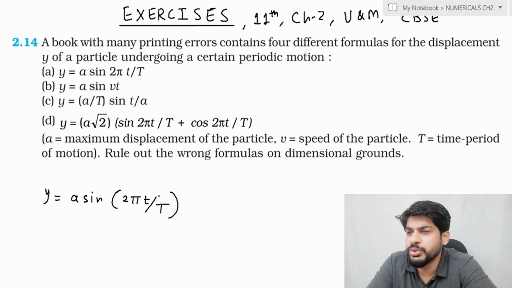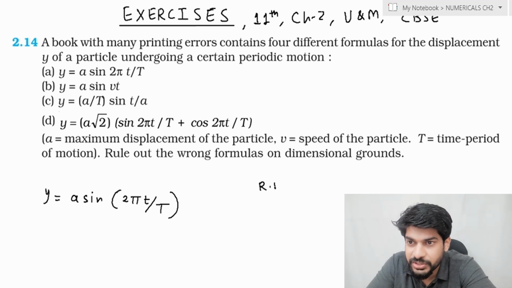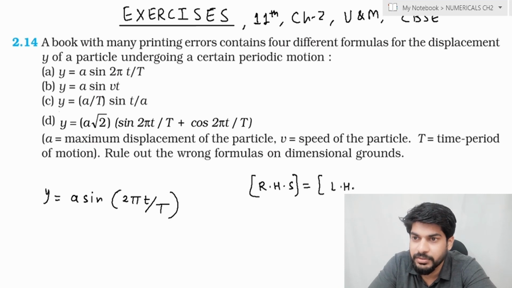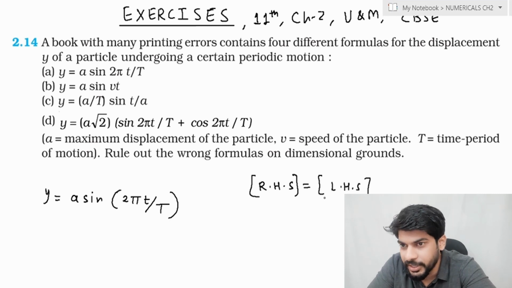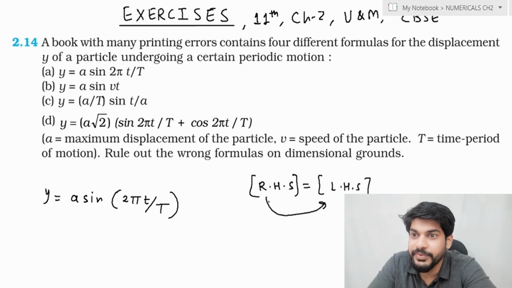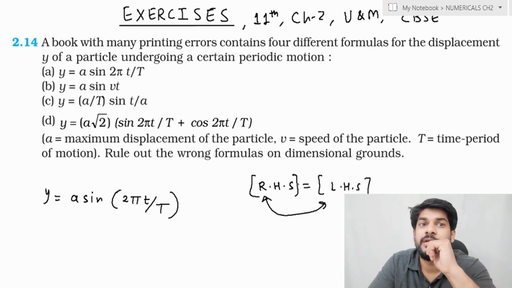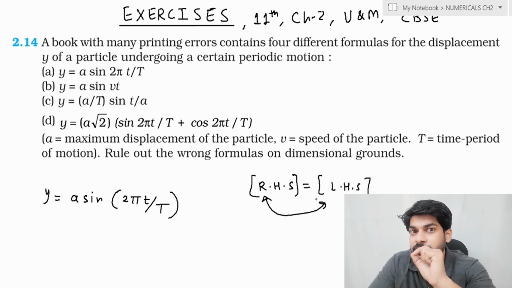So what does dimensional analysis say? It says that the dimensions on RHS must be equal to the dimensions on LHS.